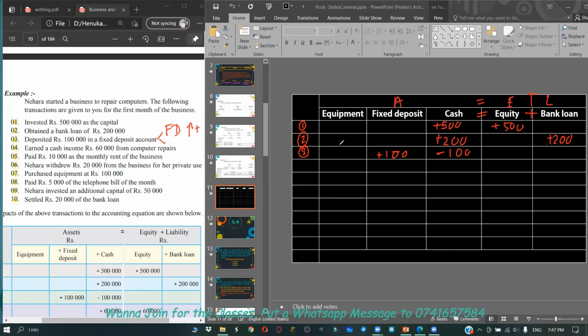Now for this transaction, is there an impact on the equity or liability side? You will say no. Equity side and liability side, there are two blanks. Somehow the equation gets balanced.